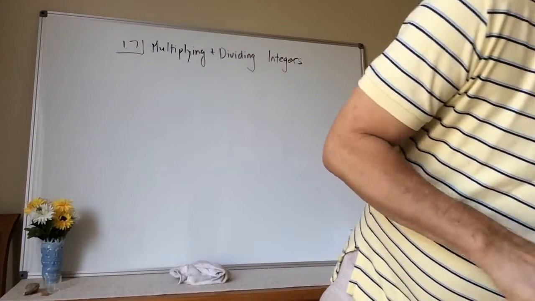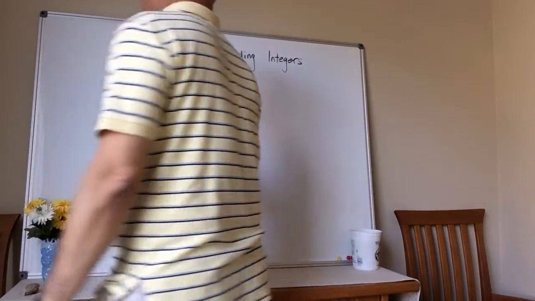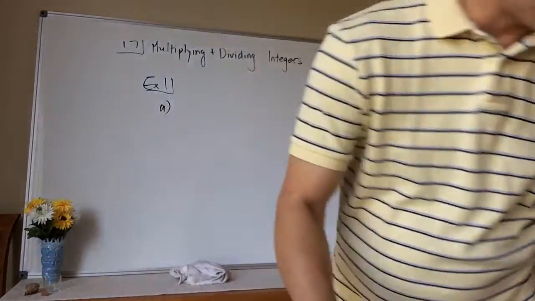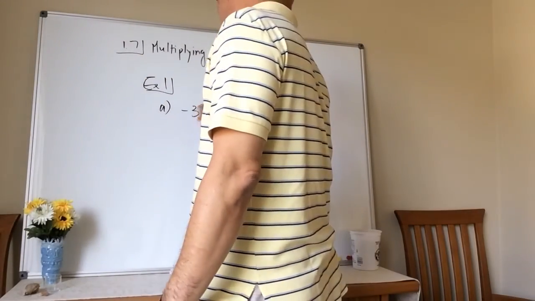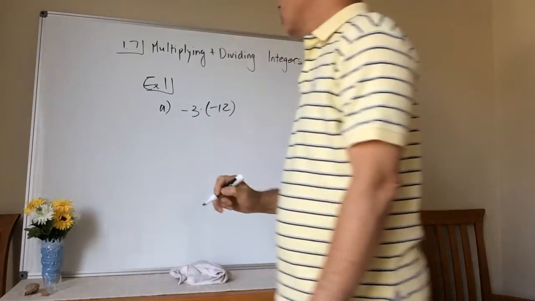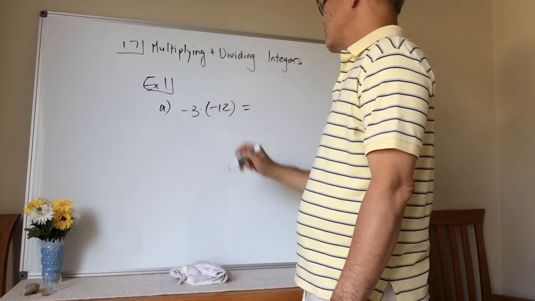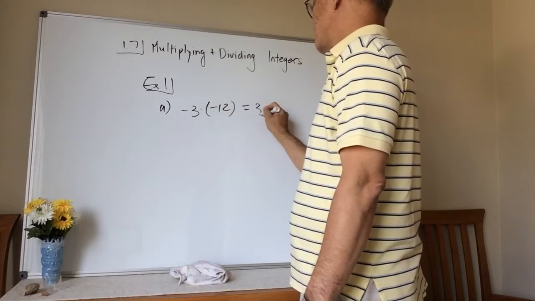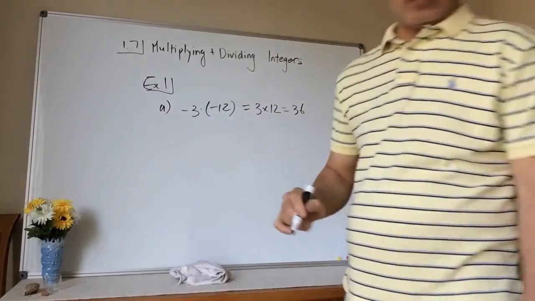Example number one. A: we have negative 3 times negative 12. There's a times here, obviously. A negative times a negative becomes a positive, and 3 times 12 is 36.